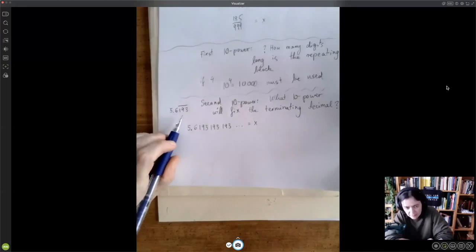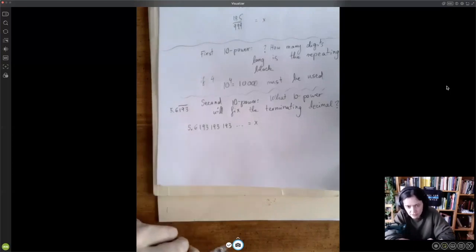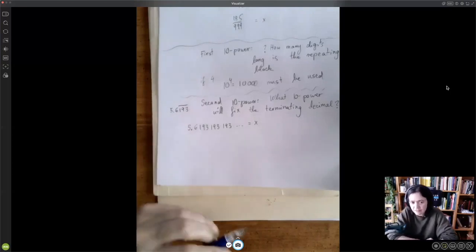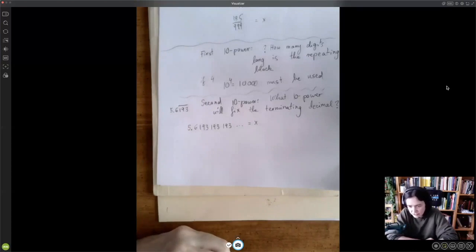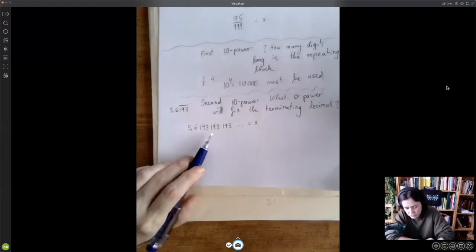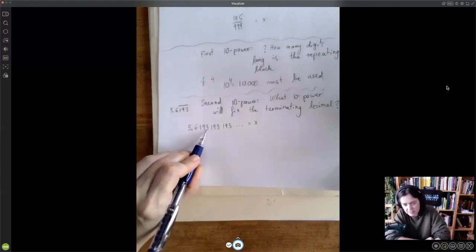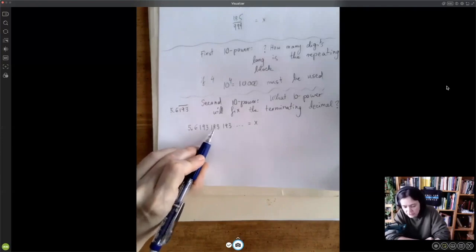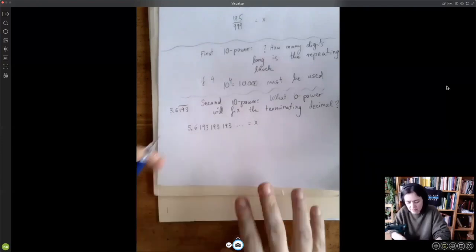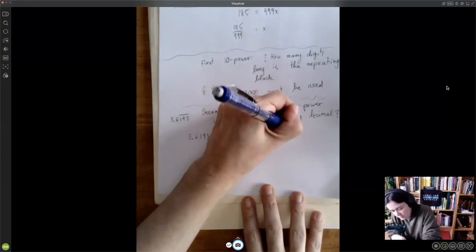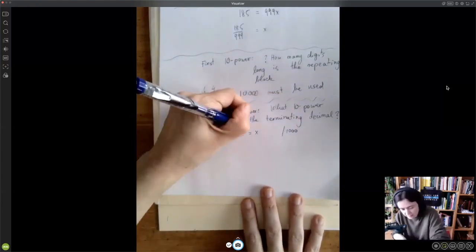Right now, the repeating block is 3 digits long, which is why we're going to have to multiply both sides of this strange equation by 1,000. We have to use this 3 promoted to be above this 3. Or if over the 9 it doesn't help, over the 1 it doesn't help. So we multiply both sides by 1,000.